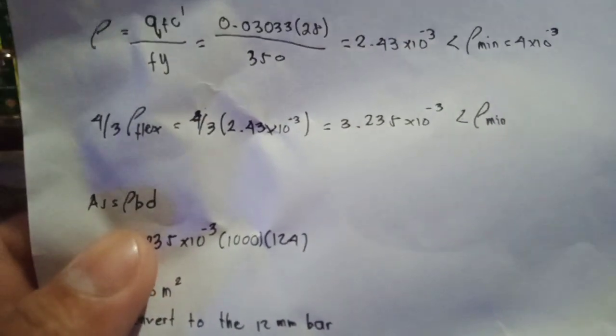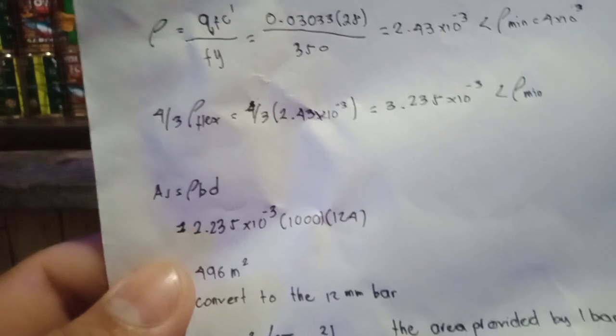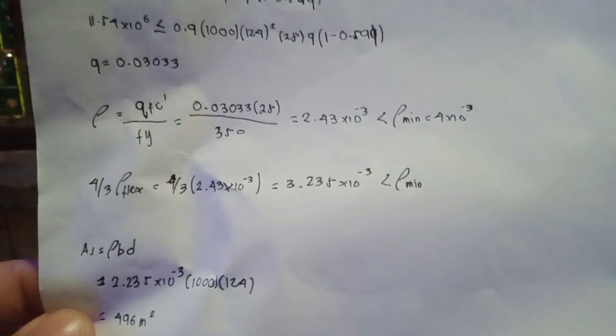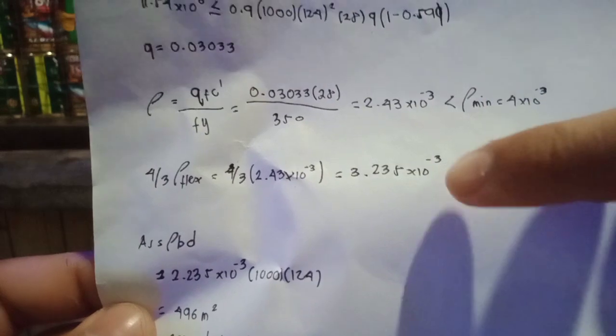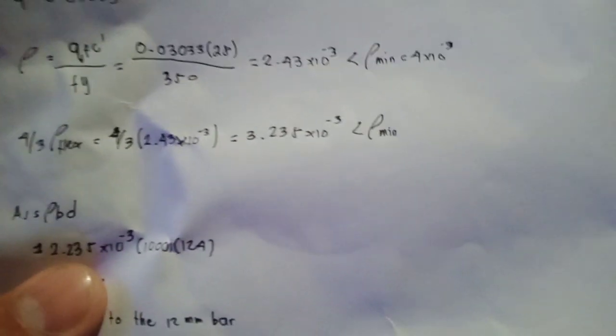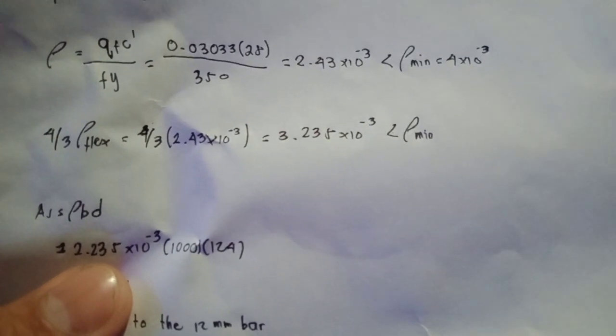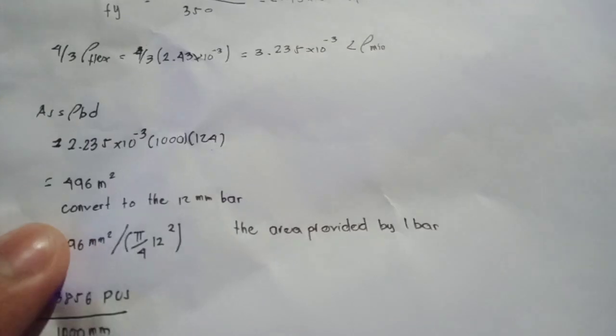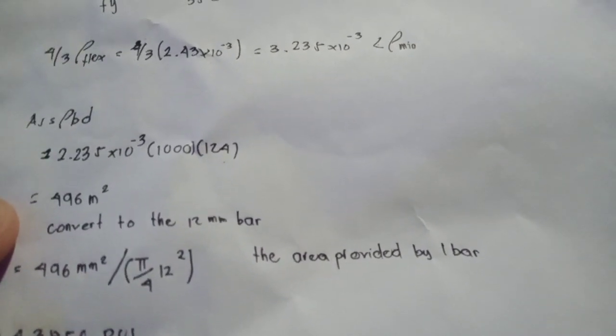But ACI and ECP always allow us to use the smaller of the two. So this is a smaller of rho min, so this is also ready to use.